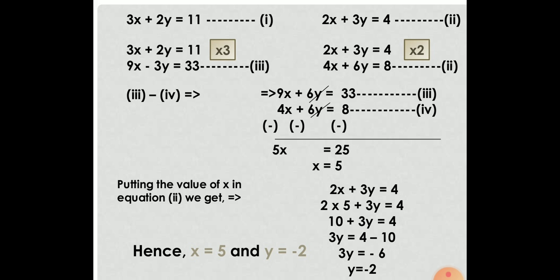On the right hand side you get 33 minus 8, which is 25. So now you have x equal to 5. You can put the value of x in any equation to get the value of y. So now x equal to 5 and y equal to minus 2.